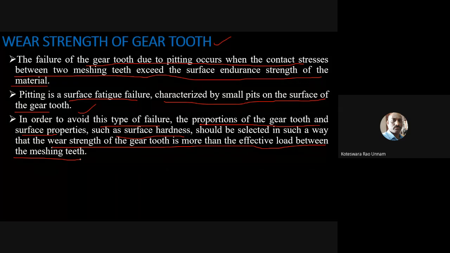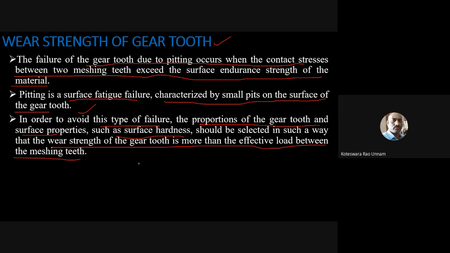Now, due to wear failure, you choose the proportions of the gear tooth and its surface properties such that the wear strength of the gear tooth is more than the effective load on the meshing teeth. So the earlier criterion was that beam strength is more than the effective load. Now the criterion is that wear strength should be greater than the effective load.